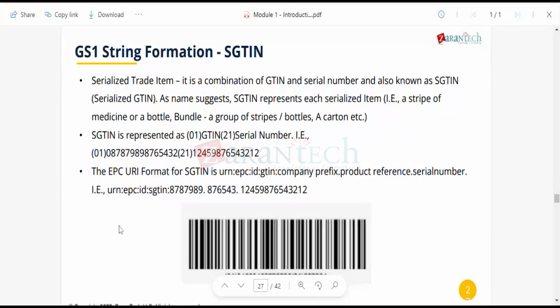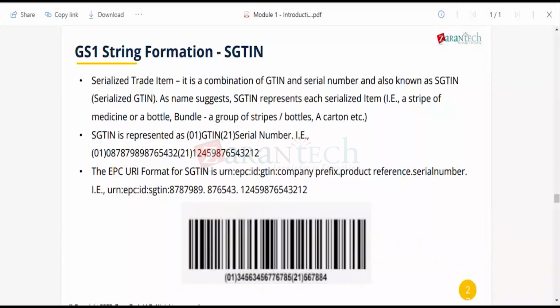There is another format which is called the EPC URI format. For now, it is just for your information. We will learn it in upcoming sessions. So the EPC URI format for SGTIN is like this. You have an EPC ID SGTIN.